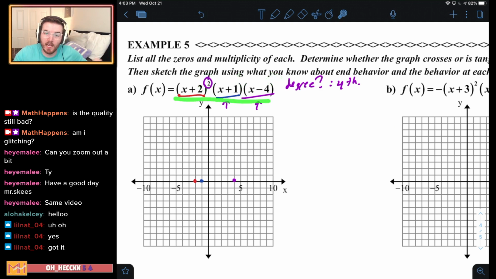If I were to multiply this all back together, what would be the biggest exponent on the x? X to the 1, 2, 3, 4, right? Because x squared times x again, that's x cubed, times x again, that's x to the 4th. You see what I'm getting at?